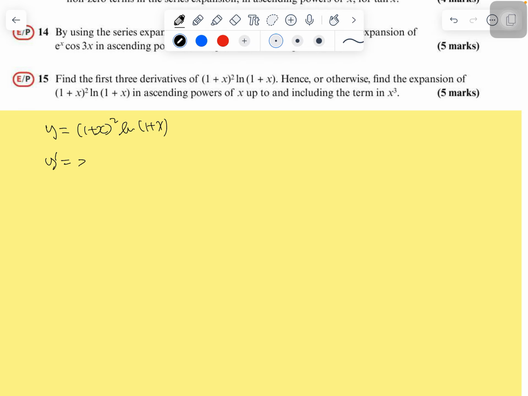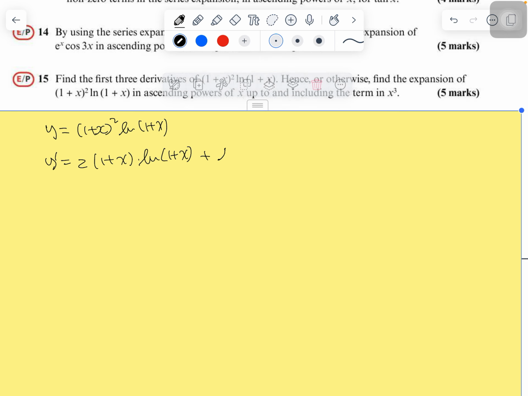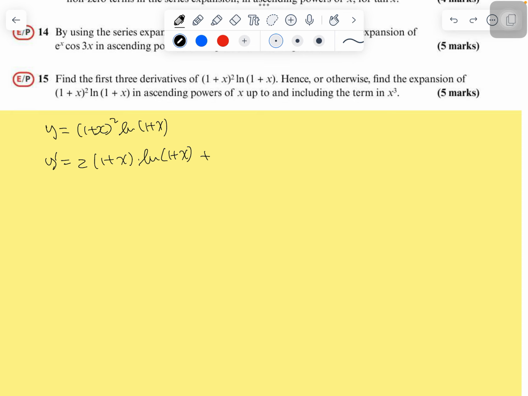So y prime is 2 (1 plus x) times ln (1 plus x) plus (1 plus x) squared over (1 plus x). So (1 plus x) means (1 plus x) into ln (1 plus x) plus 1.